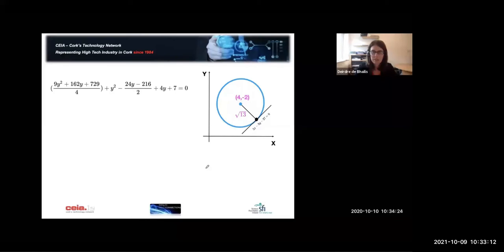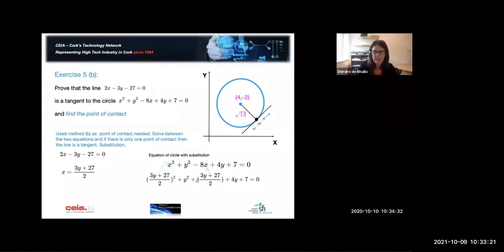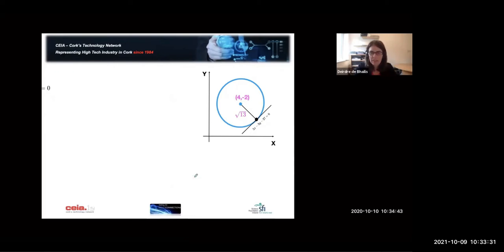I'm multiplying out the square, and I had a little error on the notes. I will be sending the notes out with solutions afterwards and I will correct it. I should have had that -8 in there. I have multiplied it out properly here, so we're okay in the rest of the notes.